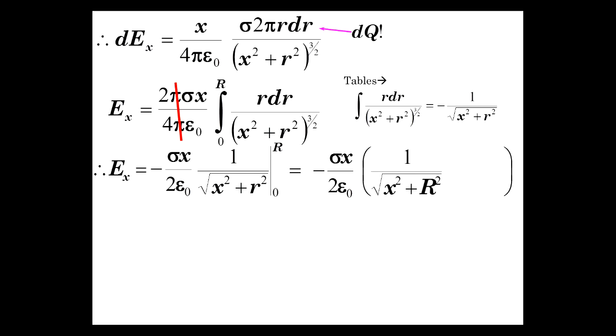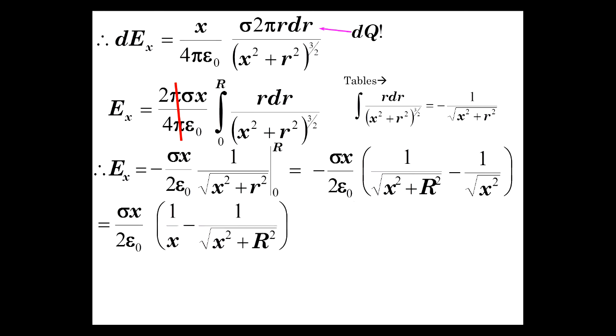Negative sigma x over 2 epsilon 0. Plug in big R for little r. We get that minus this result. So let's flip the signs around, and we get this result. Notice we have x here and 1 over x, and so let's go ahead and bring that x inside, so to speak, and we get this simplified version right here.